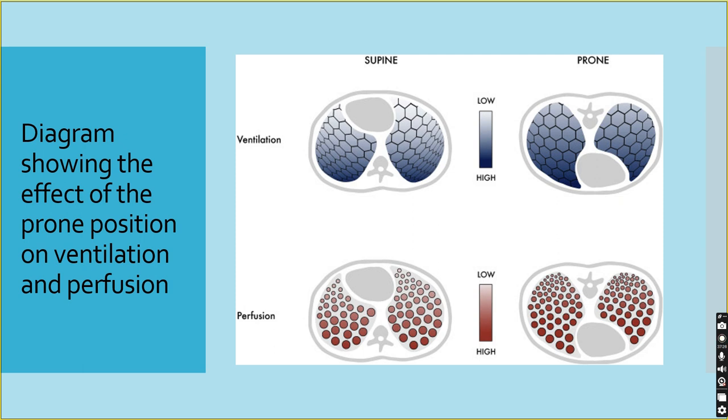If we do proning, most of the lung is homogeneously aerated, and most of the lung gets better perfusion than the supine position. So that is the mechanism how prone improves the oxygenation and improves the homogeneity of the lung and reduces the ventilator induced lung injury. Next slide.